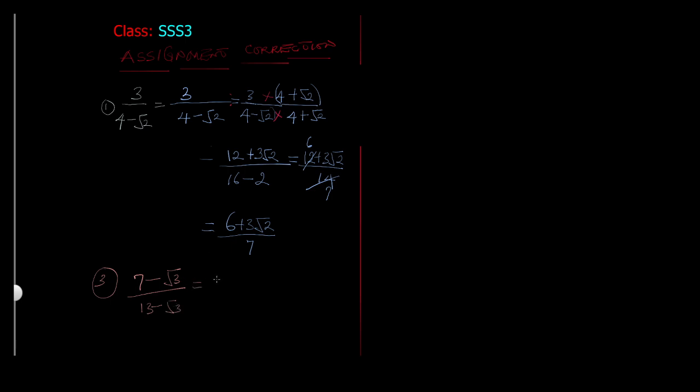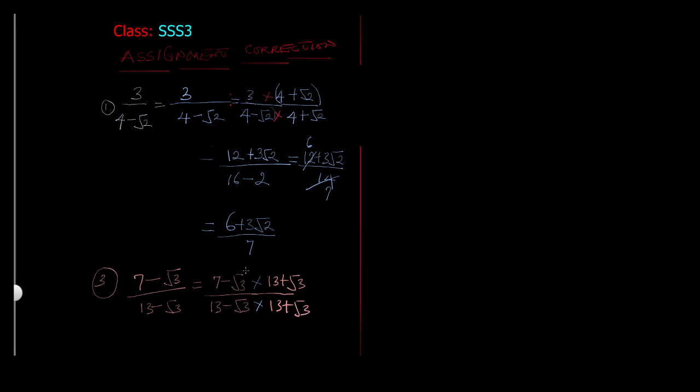Okay, quickly, it's going to be the conjugate of the denominator, and we multiply it out. The conjugate of this denominator will now be 13 plus root 3. Then here also we multiply by the conjugate of it, and that is 13 plus root 3.